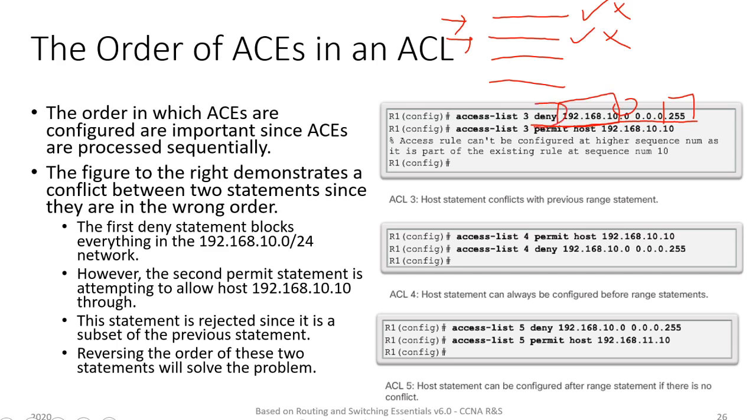If we do a deny first, then it will deny the packet at that statement, and this permit statement will never be entertained because it is not going to be checked. So we may have to do the specific permit statement first, and then we can do the network-wide deny statement.